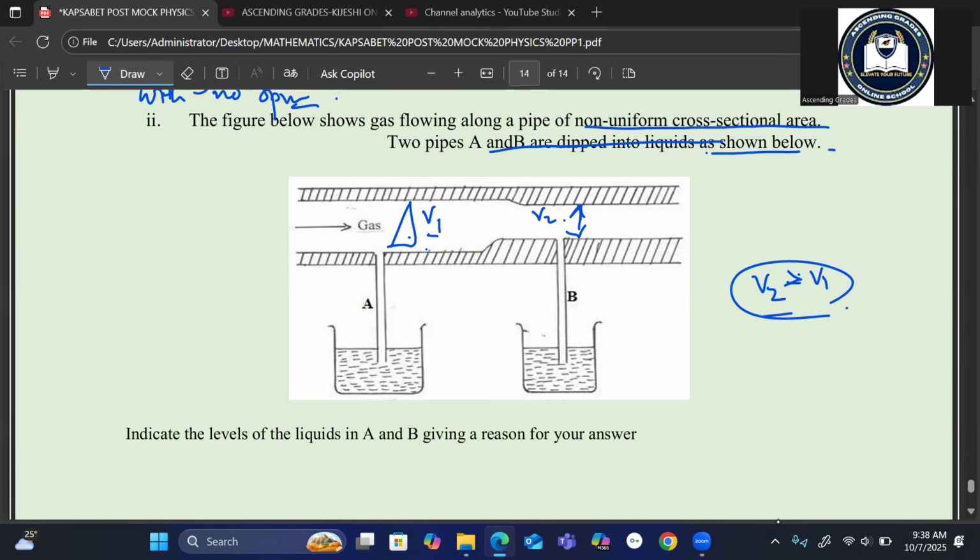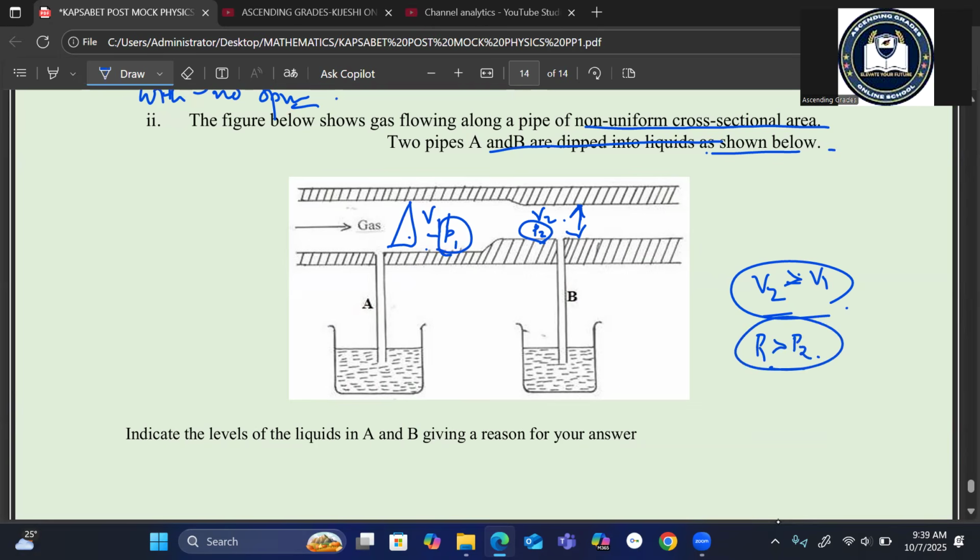And the other way around, if we have pressure 2 here and pressure 1 here, then pressure P1 will be greater than pressure P2.